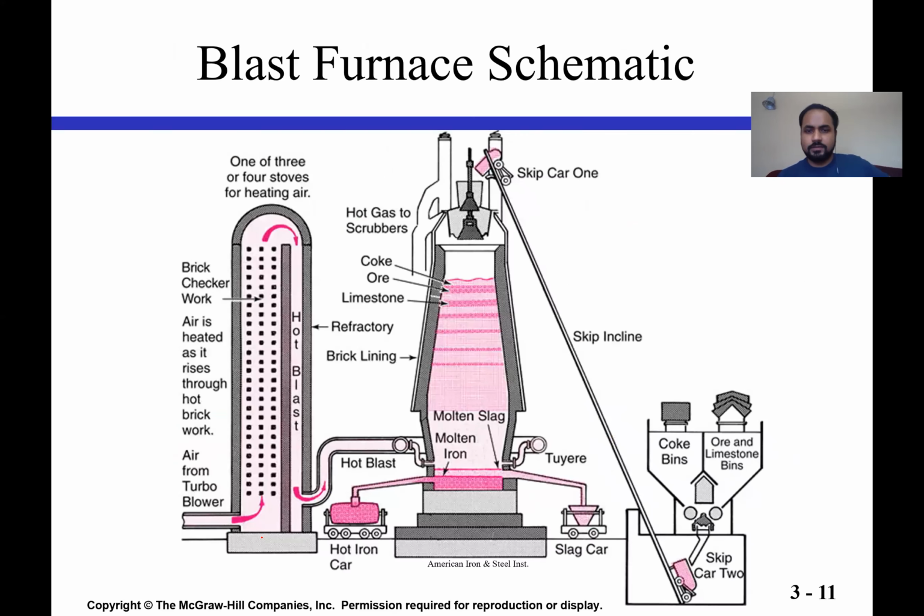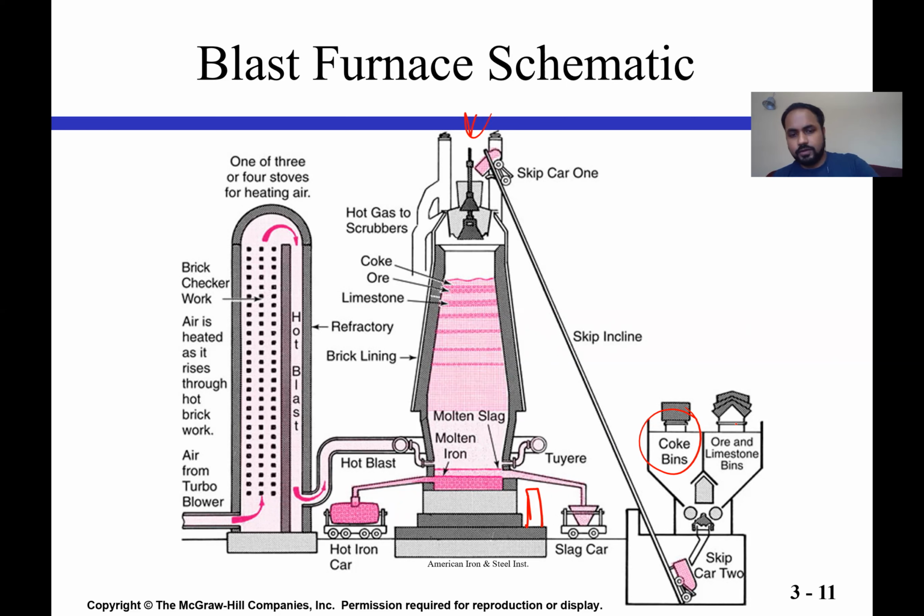The blast furnace setup looks something like this. If you were standing next to this blast furnace, you would be this big, just to give you a sense of scale. These structures are giant, and you put all the raw materials from the top, which is your coke, iron ore and limestone, and then it gets heated up in the chamber, and then it's separated from the base of the structure.